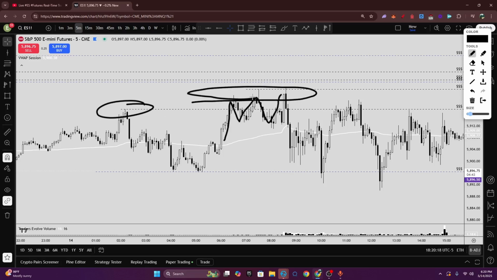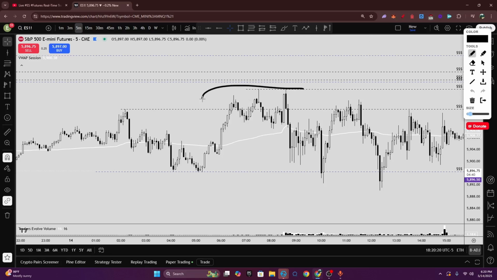It created a pretty good sign regarding price action that price may want to reverse, with these three highs right here. It's a triple top, and that is showing us that price is struggling to move higher at a decent rate, showing that price may reverse itself.